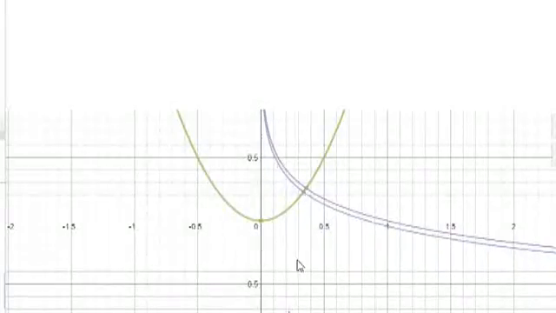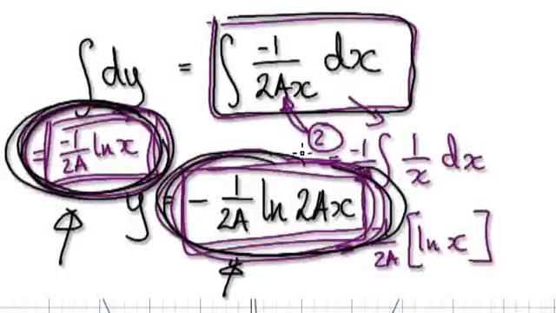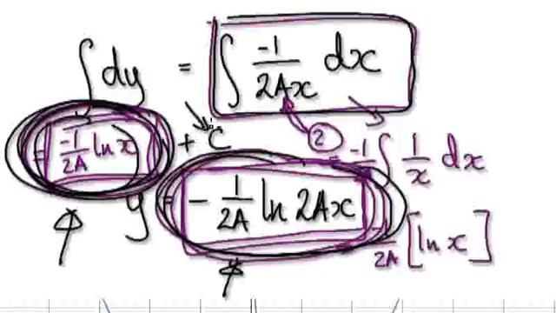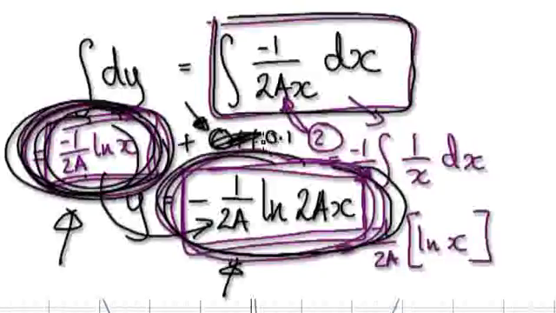If you get a graph plotter and plot this thing and then plus C, and then vary the C, add 0.1 to this, and then later add 0.2, 0.3, 0.4, and so on, later on this graph will be exactly the same as this. These two are exactly the same, but they only differ by a constant.